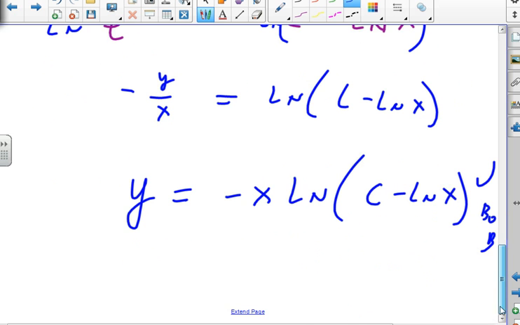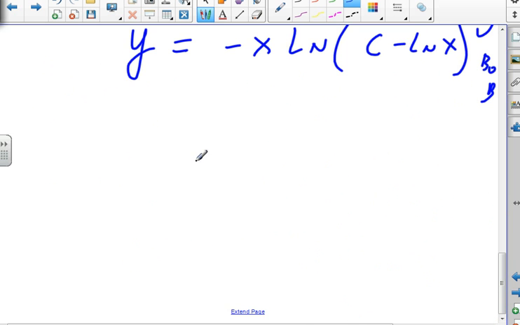All right, now, can I take the natural log of a negative number? No, I can't. But what you're going to find out in your complex variable class is that's only true if that's on the real number line.